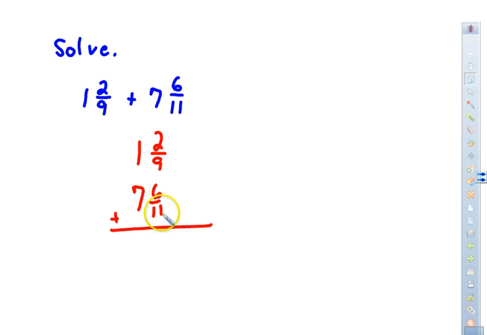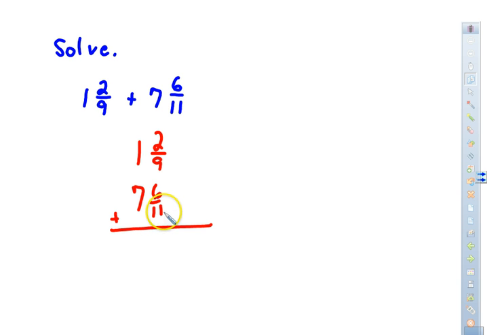The first multiple would be 22. 9 does not go into that. So we try 33. 9 doesn't go into that equally either. 44, that doesn't. 55, that doesn't. 66, and it does not. 77 does not. 88 does not.